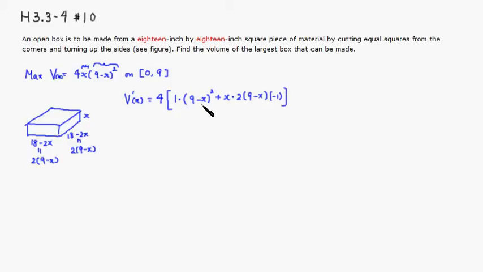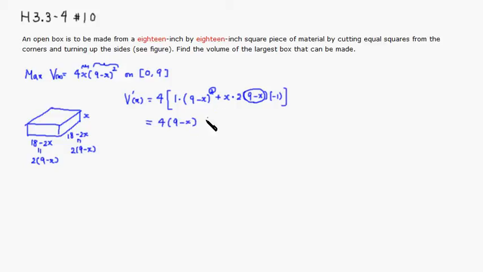And clean it up. So 4 was already there. You have 9 minus x here, and also 9 minus x. Actually, there are two of them, so pull that out, 9 minus x.